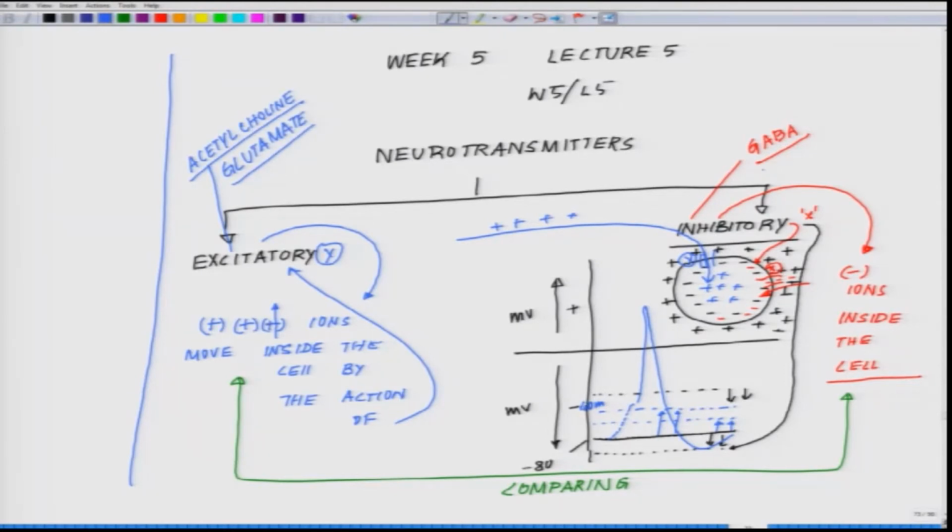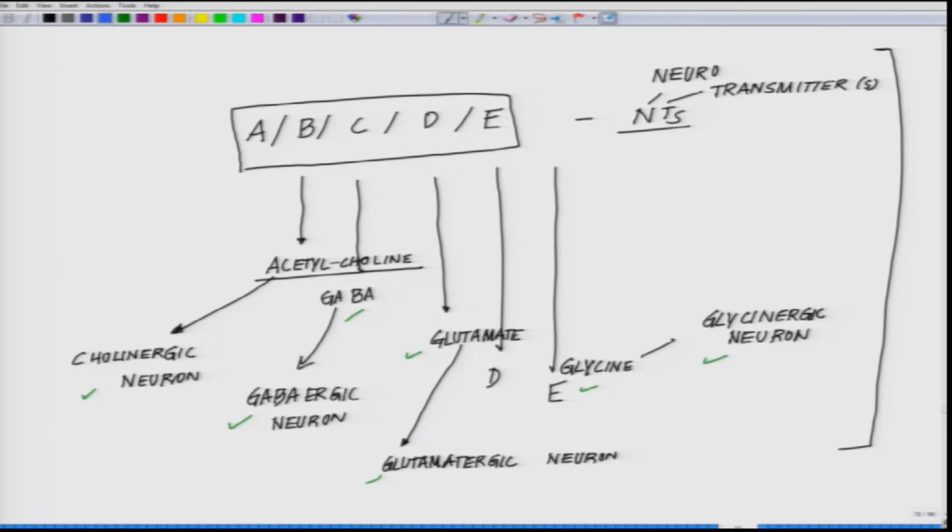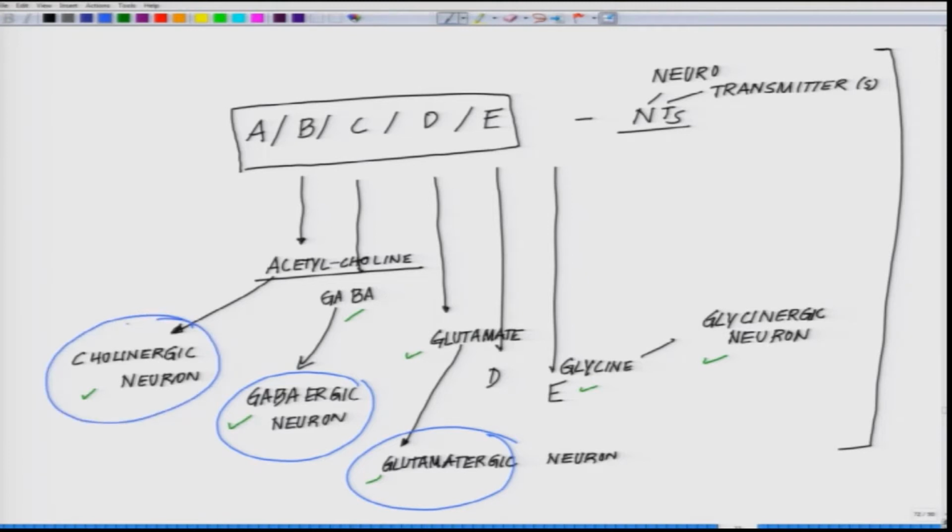Based on that, I have already mentioned there are neurons which are named as GABAergic. Remember, GABAergic neurons, glutamatergic neurons, cholinergic neurons. So, cholinergic is a non-specific cation channel opener. Okay. Glycinergic neuron. Okay.